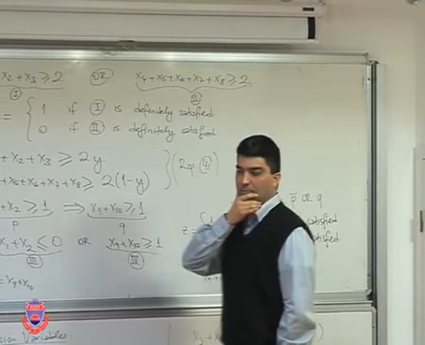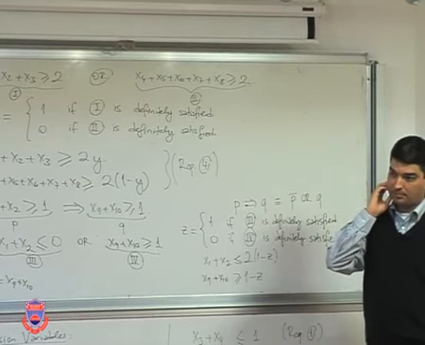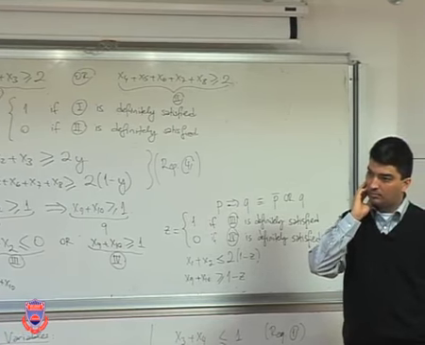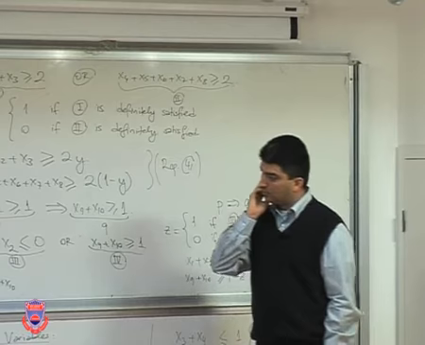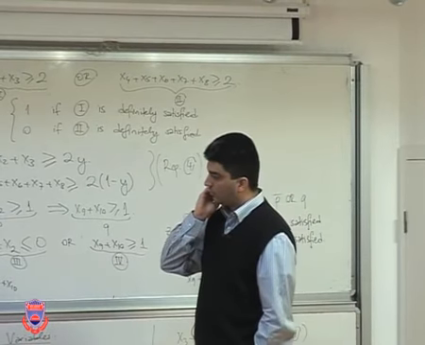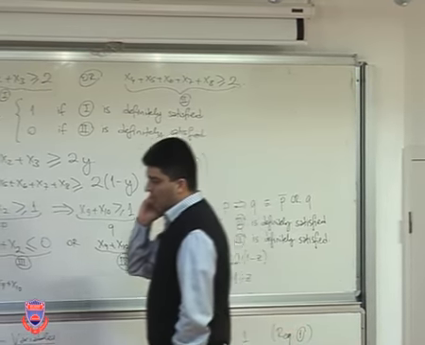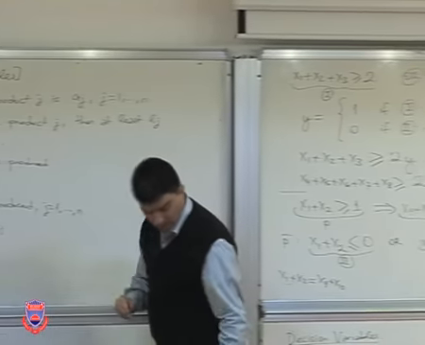Yes? We said that we cannot multiply variables, but aren't we in fact multiplying xj by 1 over yj? No, we're not.